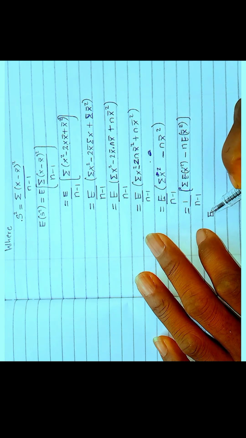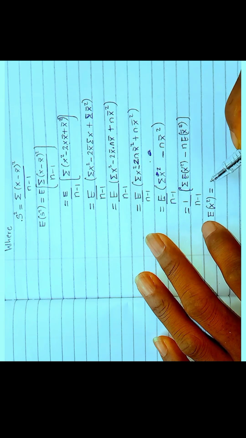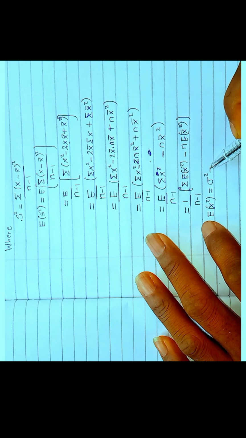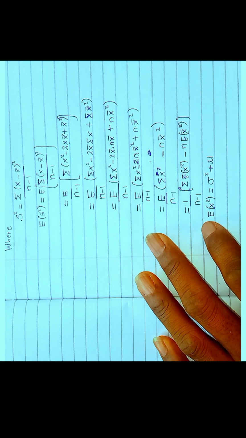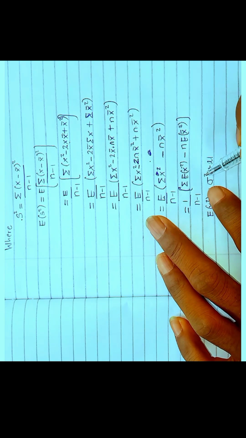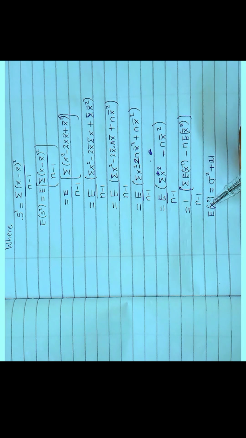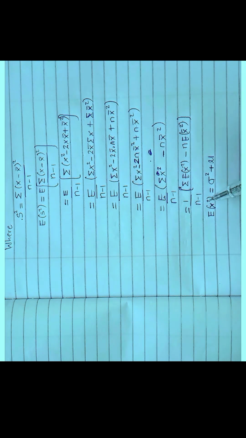For this, E of x squared is equal to the population variance plus the population mean, all squared.